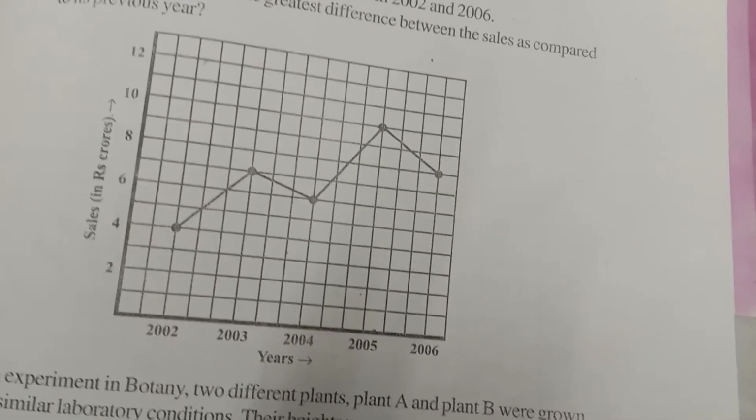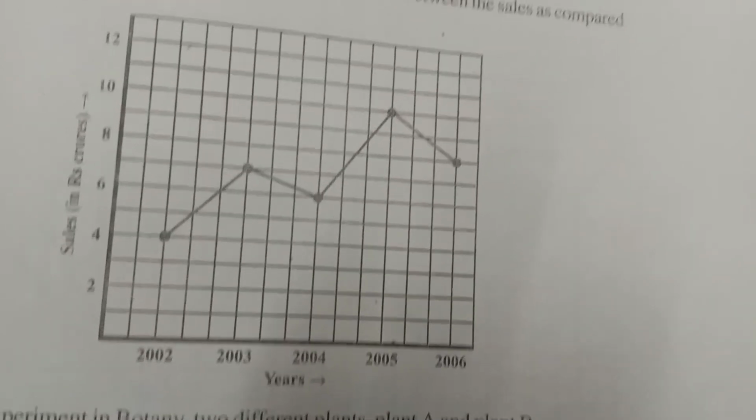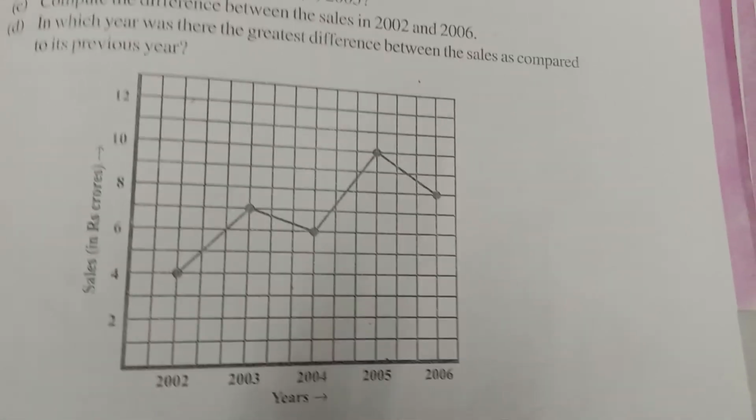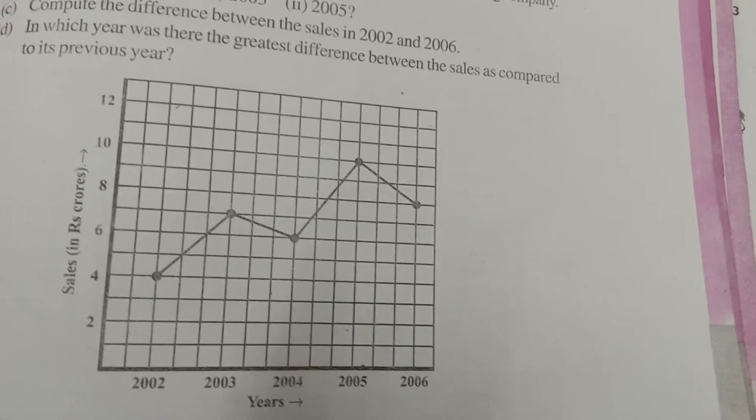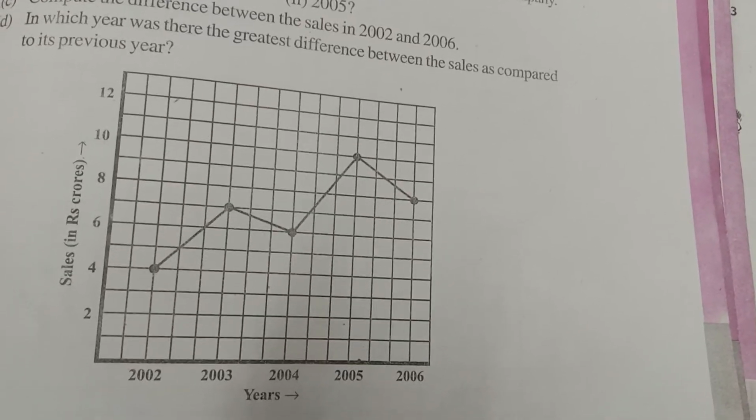So in which year will we find the highest difference? It is 2005. So like this we will answer the questions from the line graph. Is it clear, children?